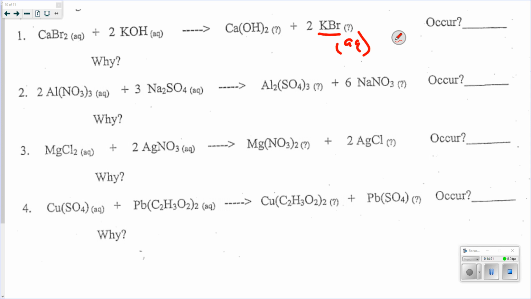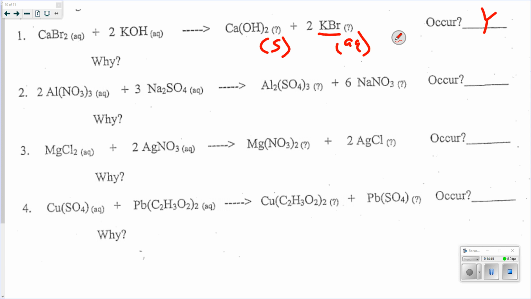How about calcium and hydroxide? Find calcium, find hydroxide, bring them together. I'm seeing people nod their heads yes. That creates a solid. When I ask whether or not the reaction occurs, if it creates a precipitate, the reaction occurs. Calcium hydroxide is a solid. That's a precipitate that would be in solution.